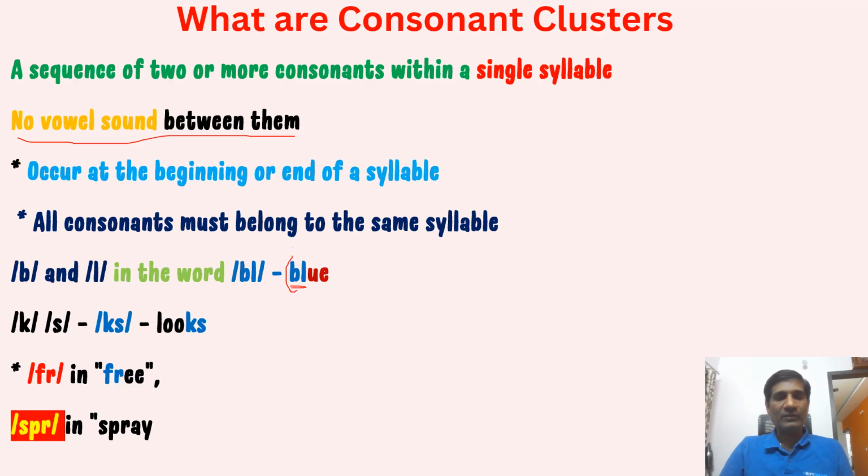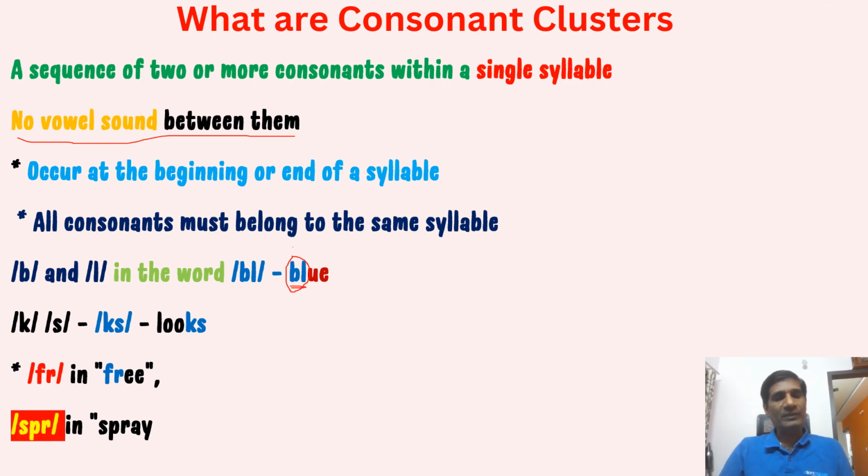This is a consonant cluster because there is no vowel sound between them. These sounds occur at the beginning, so these are called initial consonant clusters.